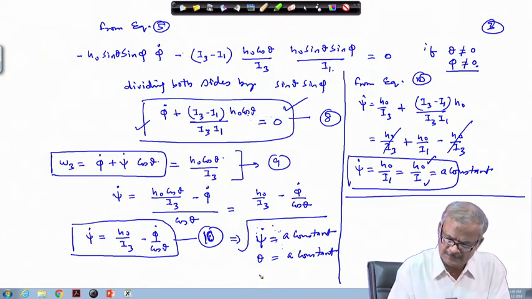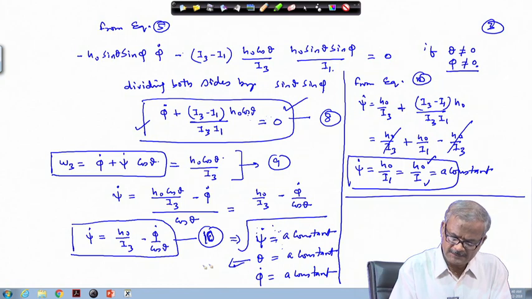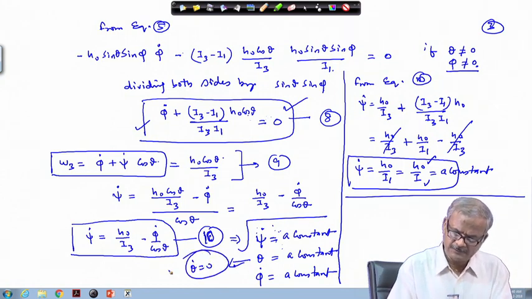So, theta is a constant here, and phi dot is a constant, and this implies that theta dot equals 0.